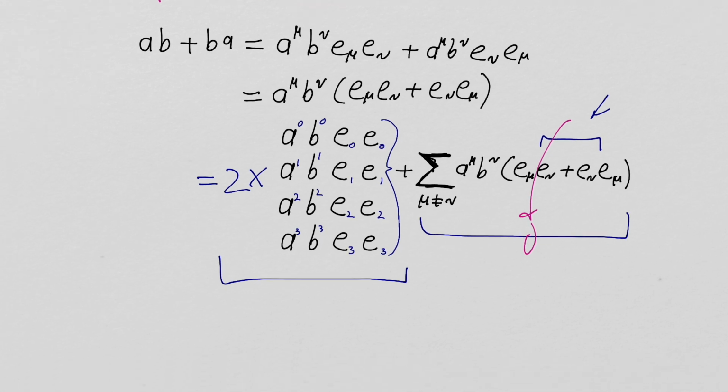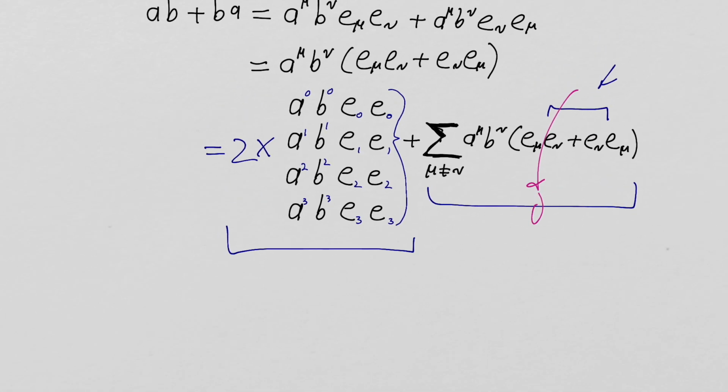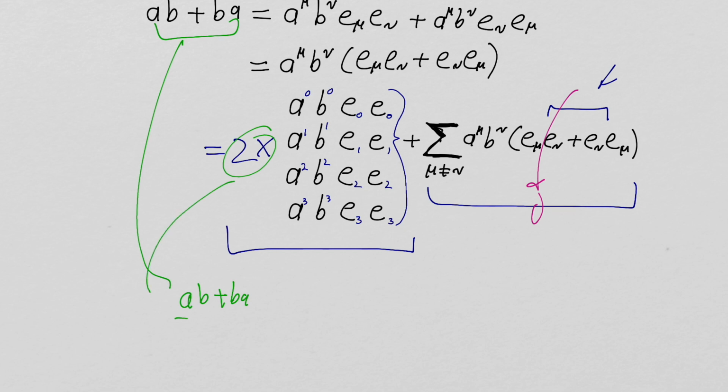Okay, so what does that leave us with? Well, we take this down and we write AB plus BA. We take this 2 out and we put it underneath. This is now gone, and this part here equals 1, this equals -1, this equals -1, and this equals -1, right?